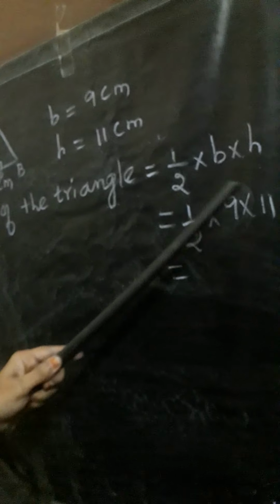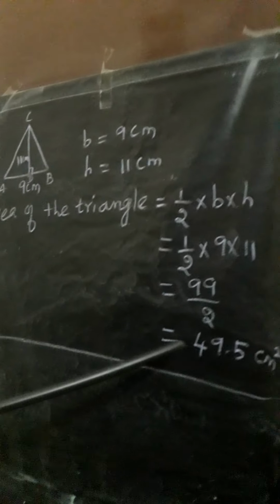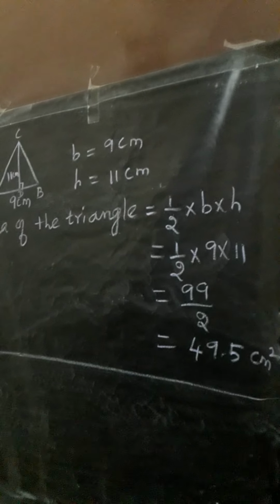So 9 11s are 99. 99 divided by 2 is 49.5 centimeter square. So area of the given triangle equal to 49.5 centimeter square.